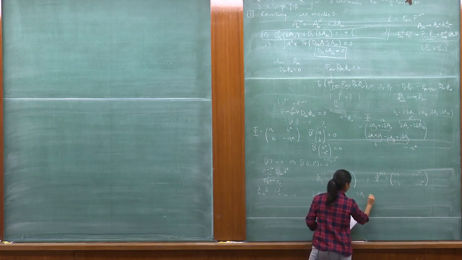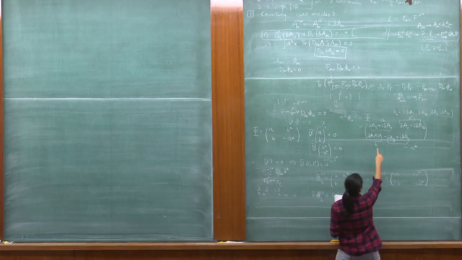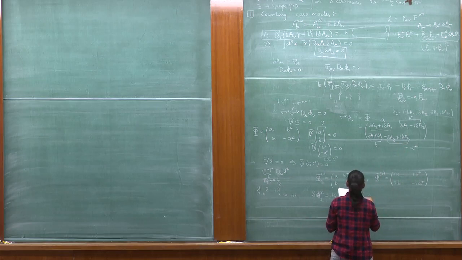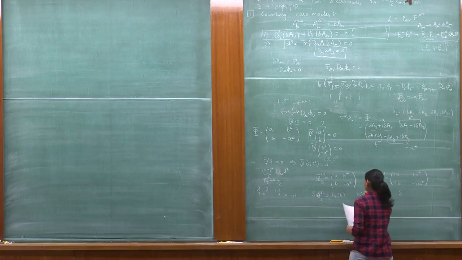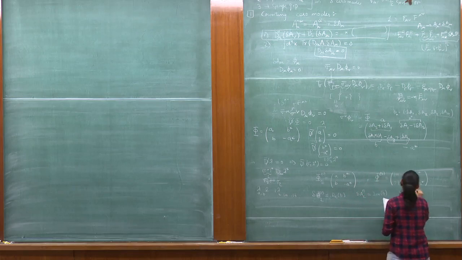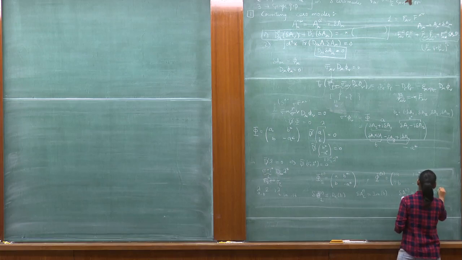Delta A2 is the imaginary part of B. Delta A3, computed from the first solution, is basically the real part of A, and delta A4 is the imaginary part of A.